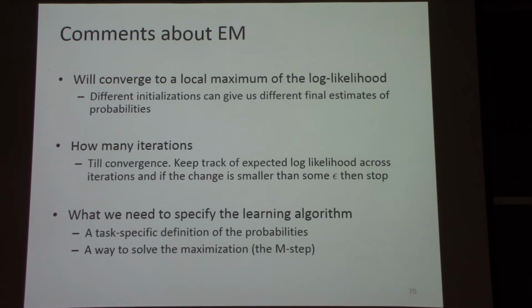So, before actually instantiating this, are there questions about the general recipe that is EM? Yes. If we know some prior on the parameters, it shouldn't be hard to extend it to MAP, right?